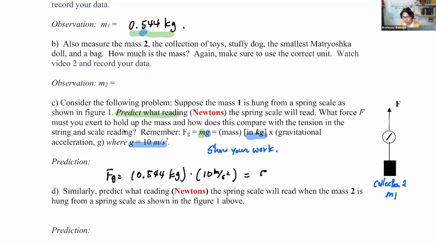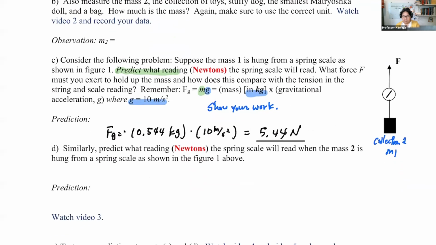It's going to be 5.44 Newton, something like that. So this is going to be your prediction for M1, the collection of toys 1.